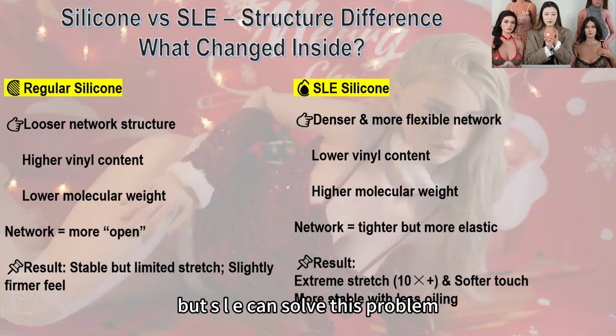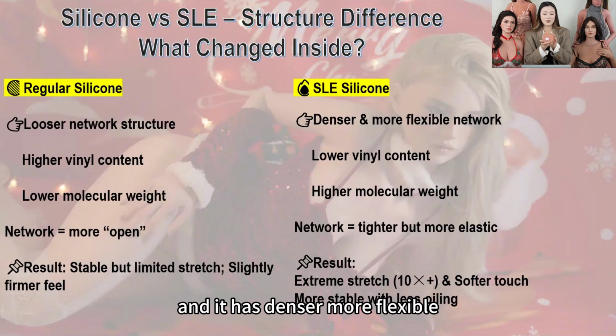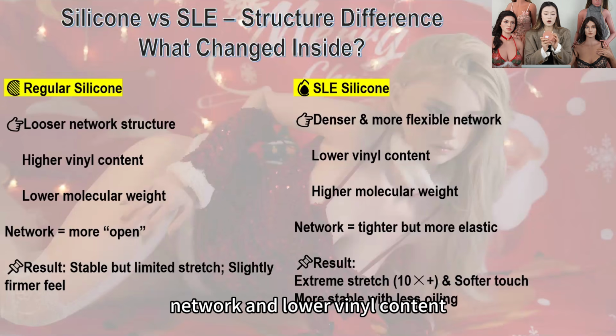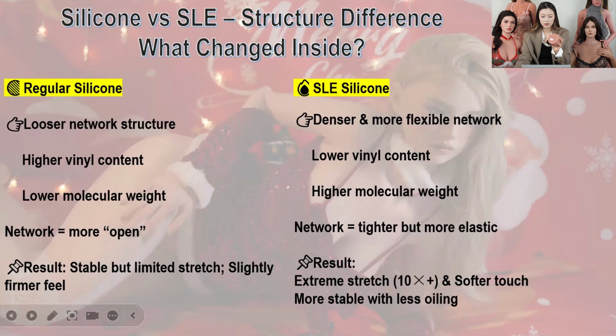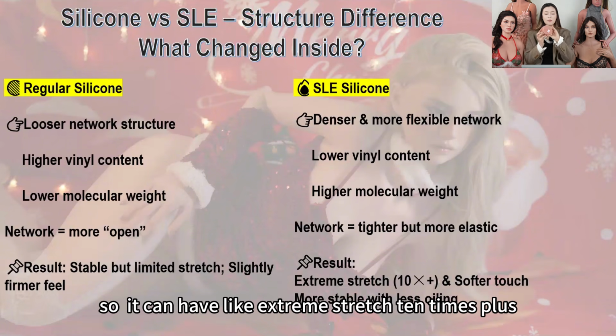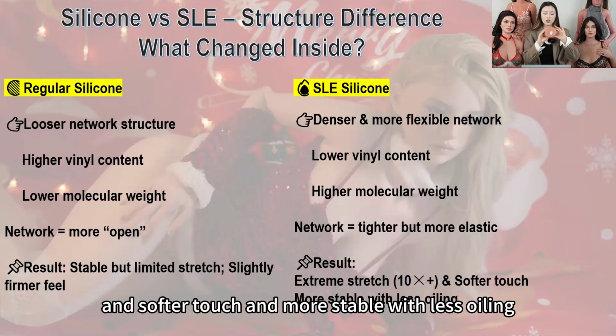SLE can solve this problem. It has a denser, more flexible network, lower vinyl content, higher molecular weight, and the network is tighter but more elastic. So it can have an extreme stretch, 10 times plus, a softer touch, and more stability with less oiling.